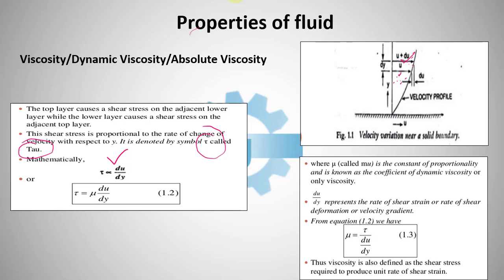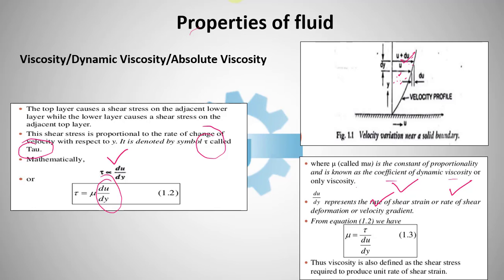So what is mu? Mu is the constant of proportionality, also known as the coefficient of dynamic viscosity or only viscosity. And what is du by dy? The du by dy is known as rate of shear strain or rate of shear deformation or velocity gradient.